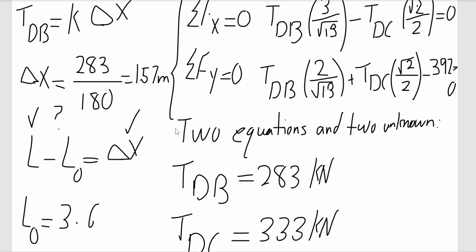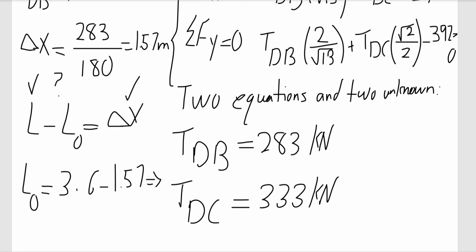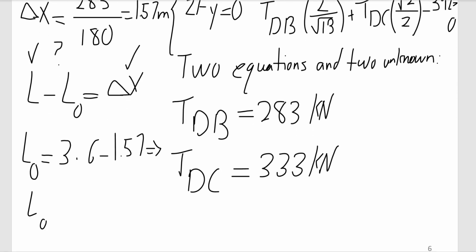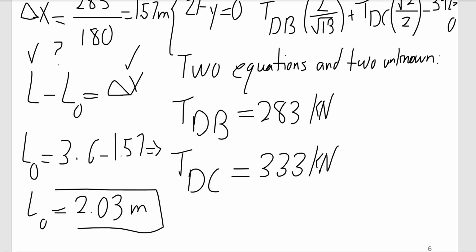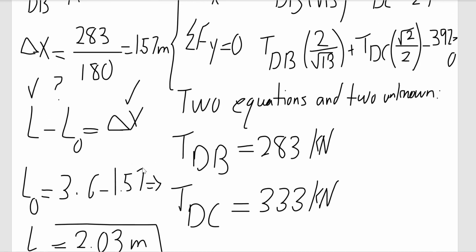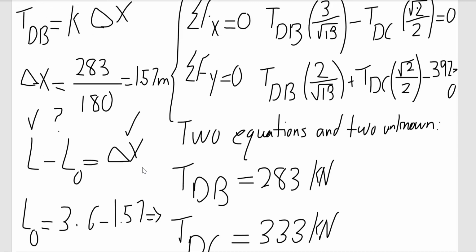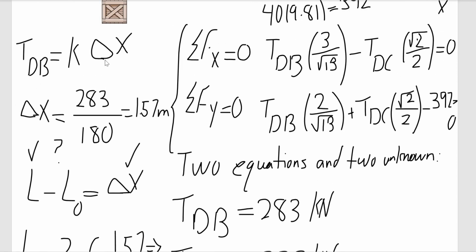Square root of 13. And what is delta X? Is 1.57. Therefore, L naught would be 2.03 meter. And that's what the question is asking for. We found the original length based on having the spring equation.